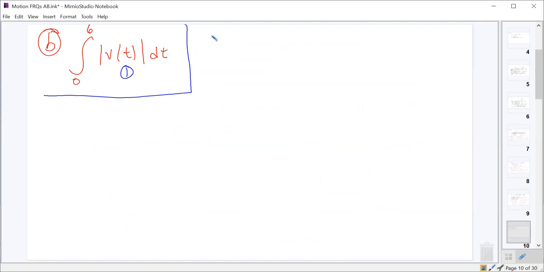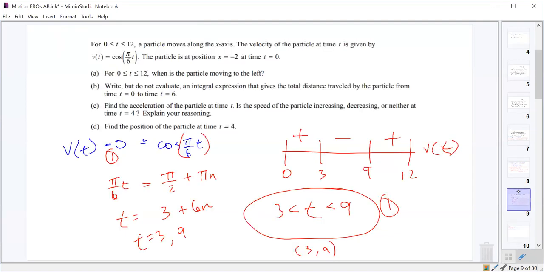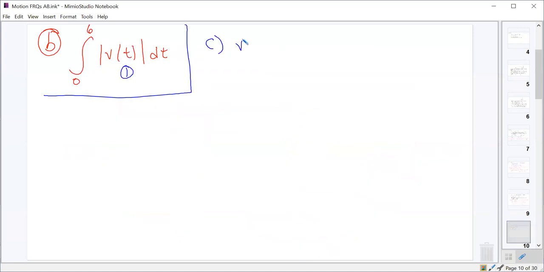Part C was asking us to find the acceleration at t equals 4, which means we've got to take the derivative of v of t. So using the chain rule to get the acceleration, the derivative of, now what was it? Cosine of pi over 6t, right?